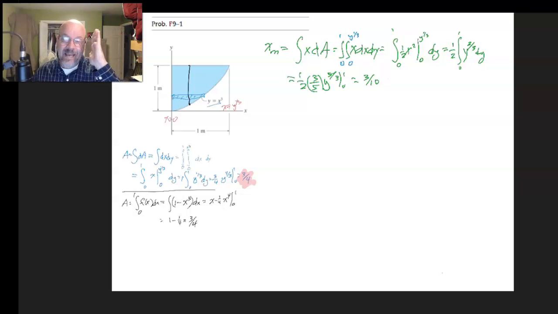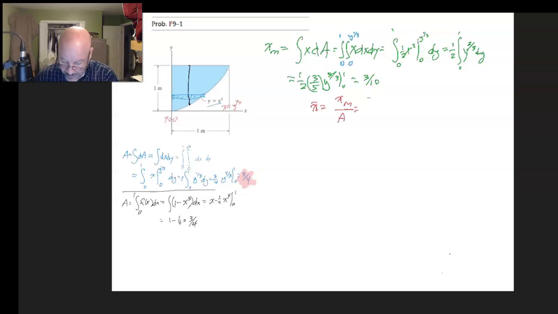That's not the x center of the thing. It's not the average value for x. That's just my x moment. In order to get my average value, we're going to take x sub m, or x average, it's going to be x m over the total.